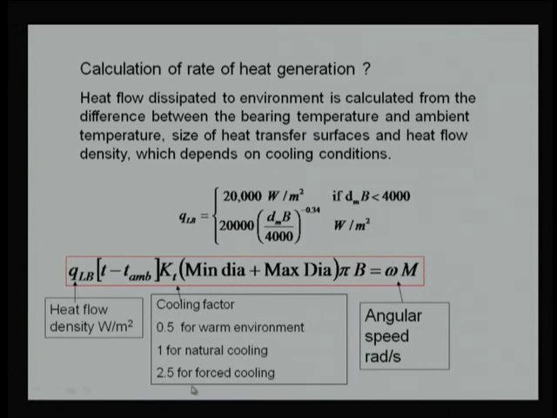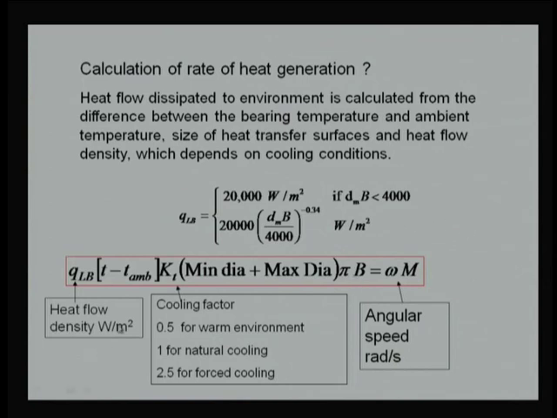Again, these are based on empirical relation factors. We will not be getting an accurate result, we will be getting a feel of the temperature rise. Now the minimum diameter can be figured out, the maximum diameter for the bearing geometry will be known to us, the length will be known to us if the bearing geometry is given, the angular speed, the operating speed, will be known to us, and the friction moment due to load, lubricant and seals can be estimated.